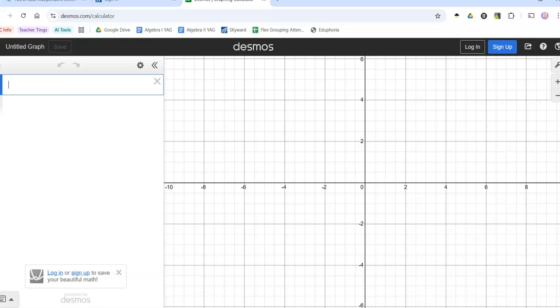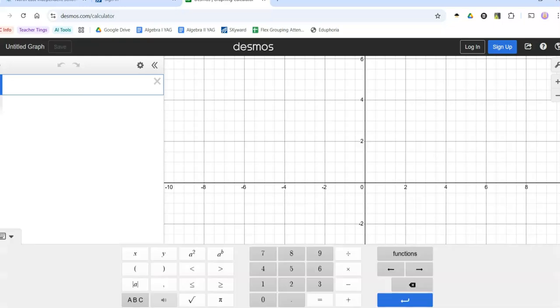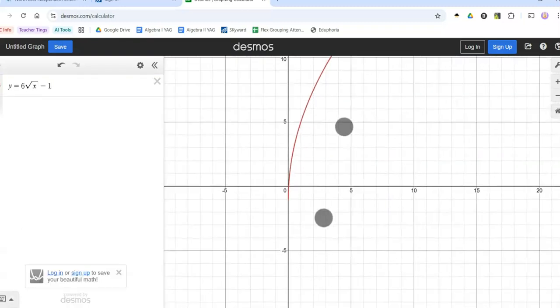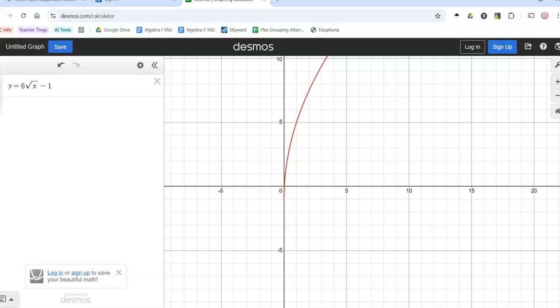Make it easy for yourself. Use your resources. All right, so our equation here is y equals 6 times the square root of x and then on the outside we have minus 1. Here's our function, and it wants the domain and range.